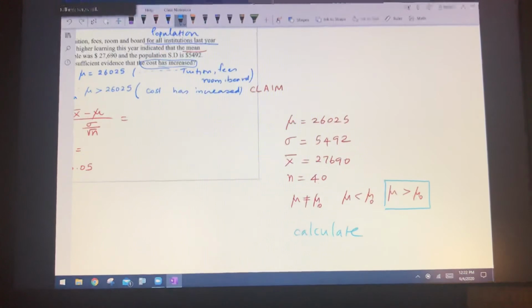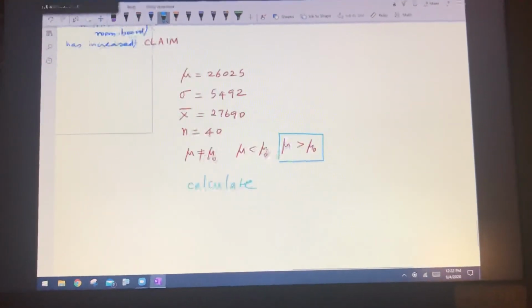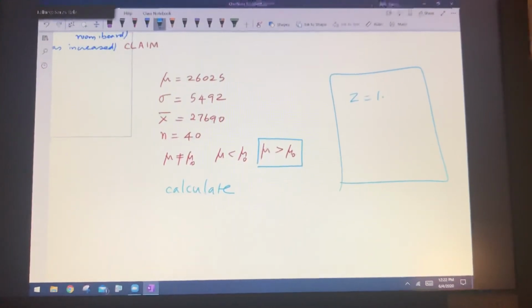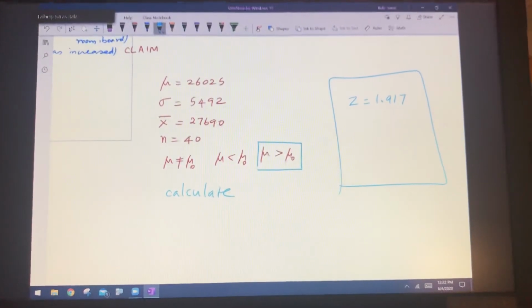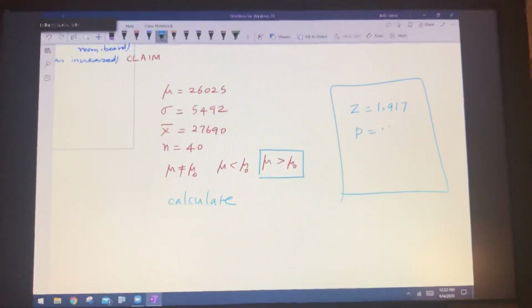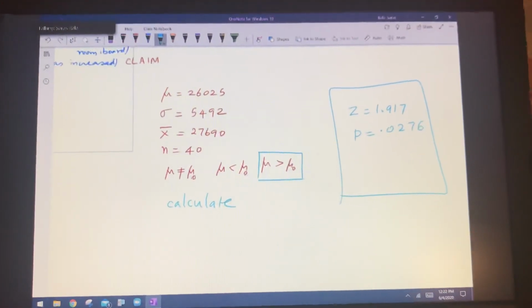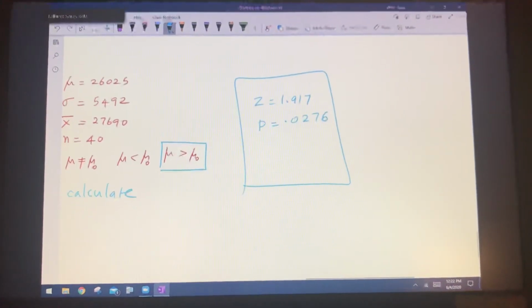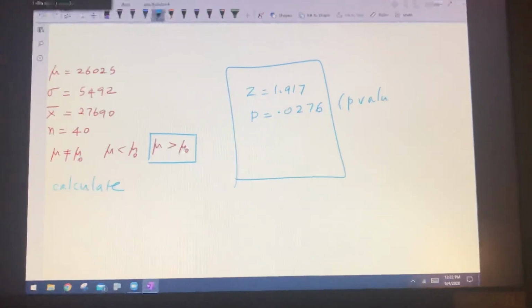With that, the z-score is going to be 1.17. That's right. And what is the probability? This is going to be the probability value, which is 0.0706. This is what I call the p-value or the probability.